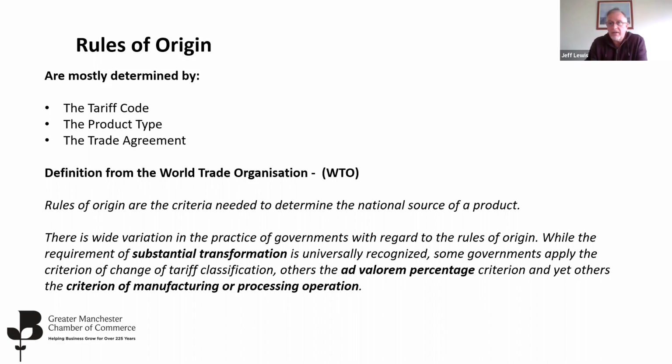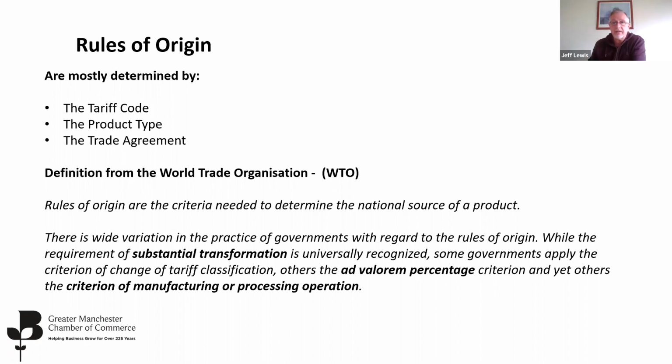In terms of the trade agreement, this will go to the HS level, so in terms of the EU trade agreement, it will go to the harmonized system level 6 digits, and then you'll have 4-digit codes, and then you'll have two-digit requirements where the goods, or the components, have to be substantially transformed. The definition from the World Trade Organization, this is where the guidelines come from.